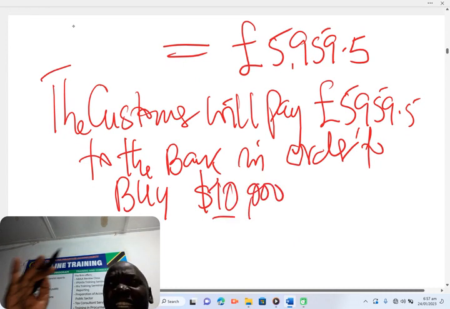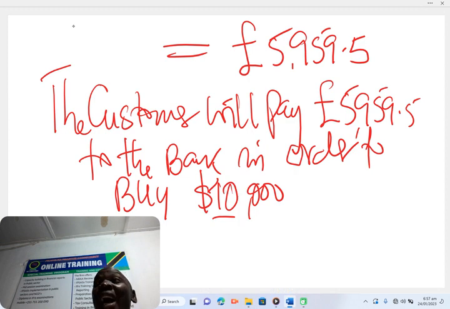The way you are writing, it appears that you are answering the problem. So the customer will pay to the bank a certain amount in order to acquire a certain amount of currency.